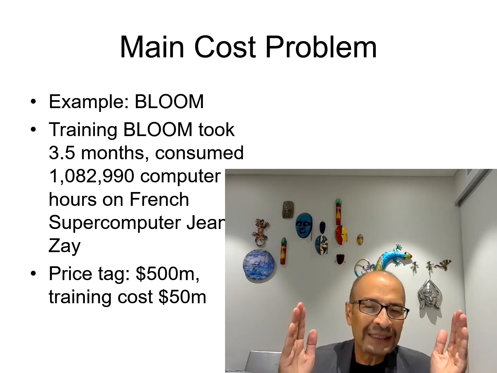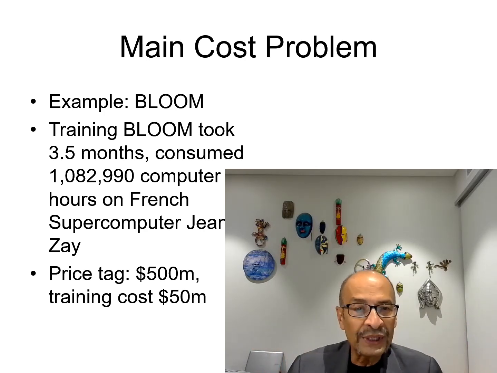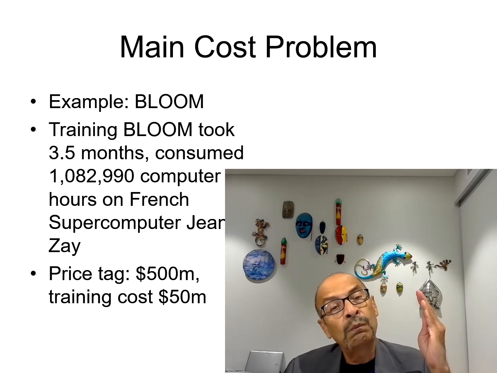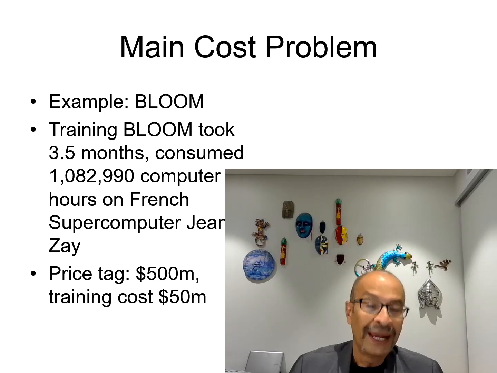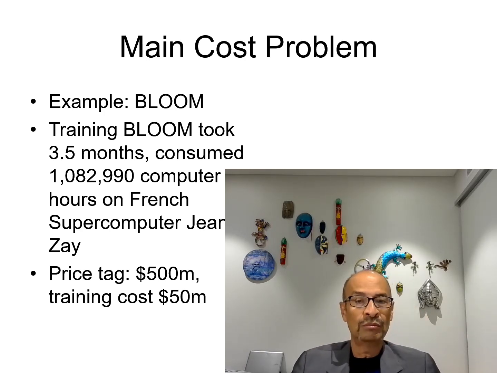Now, the computer itself was named after the French education minister who was killed by the collaborator in 1940. The price tag of the computer that the French government actually bought was in the neighborhood of $500 million. And the training cost for this Bloom was about $50 million.